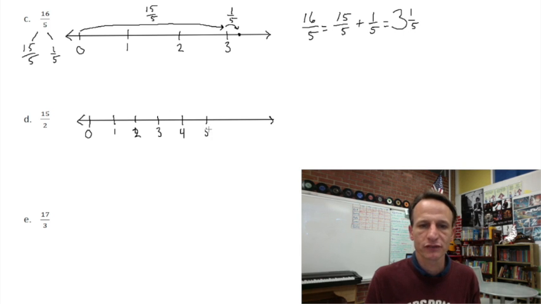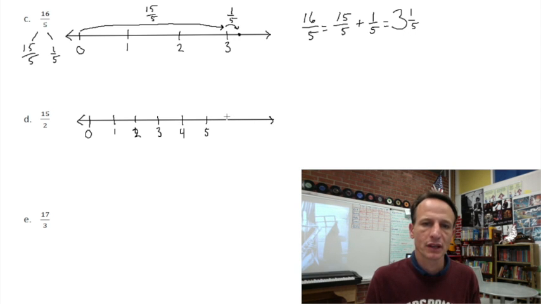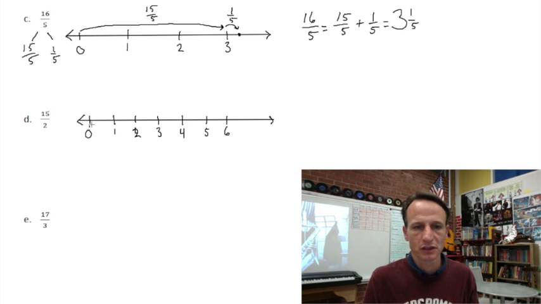When I get to 5, that's 10 halves. I get to 6, that's 12 halves. And if you get confused at any point, go back and say, okay, 2 halves, 4, 6, 8, 10, 12. Oh, we're going up to 15, so I can hit 7 here.